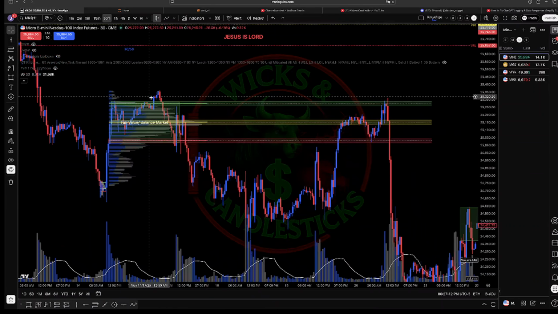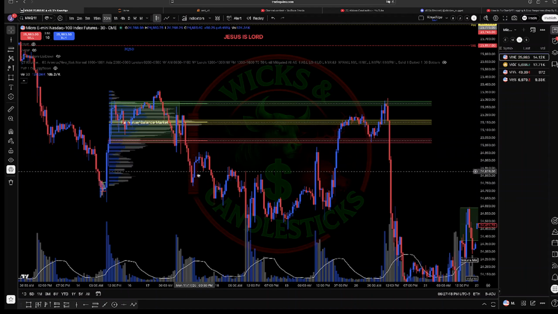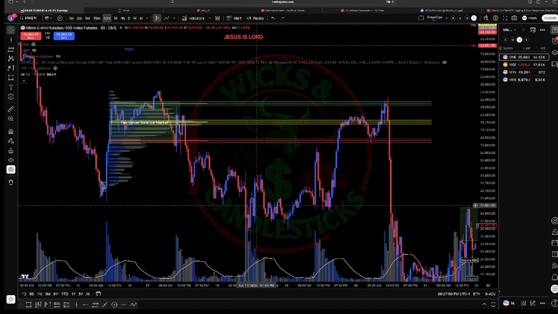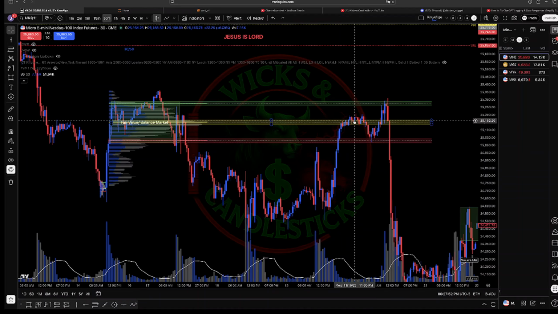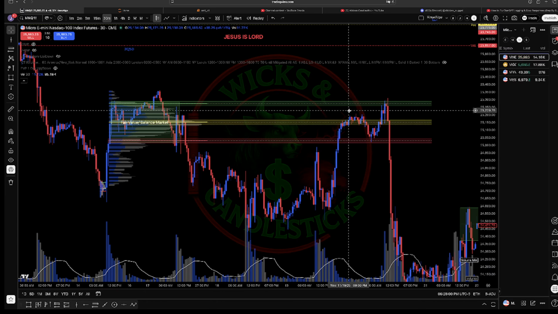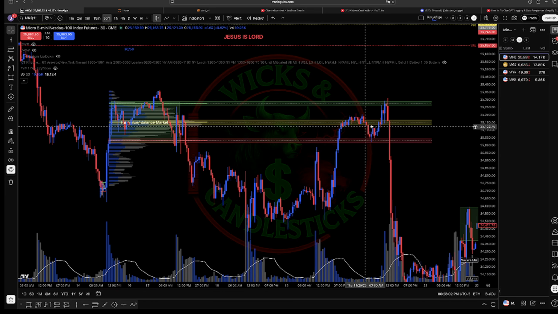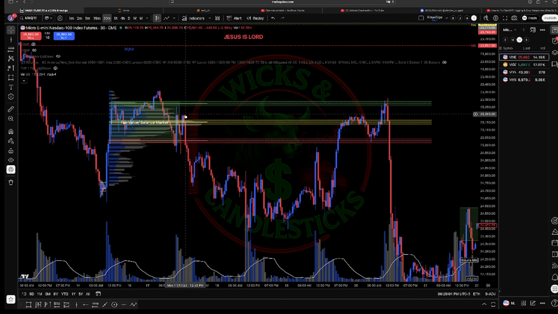You see how price was in a balance. It came down through value migration. Price did not come back up here until the 19th. So two days later, price came back up. What do we have here once it came back up to this POC? A balanced market.